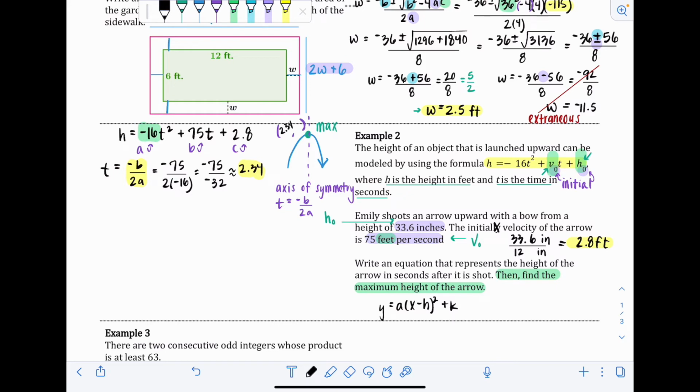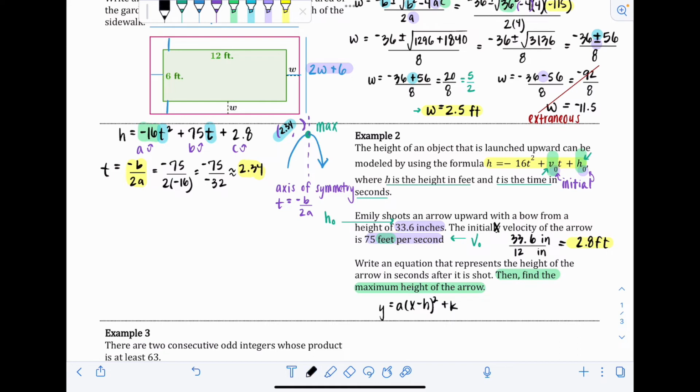And then if I want to find the y coordinate of the vertex, which is the max height for this problem, because that's the height of the vertex, I just have to take that number and put it back into my equation where t is. So I'm substituting it in to find the height at that time. That 2.34 represents how long it would take to get to its max height, and we just need to find the actual height now.